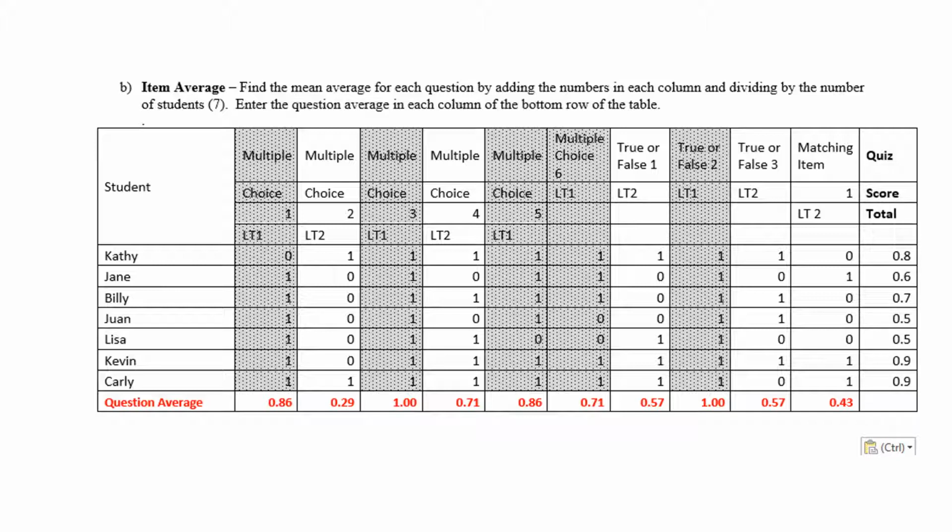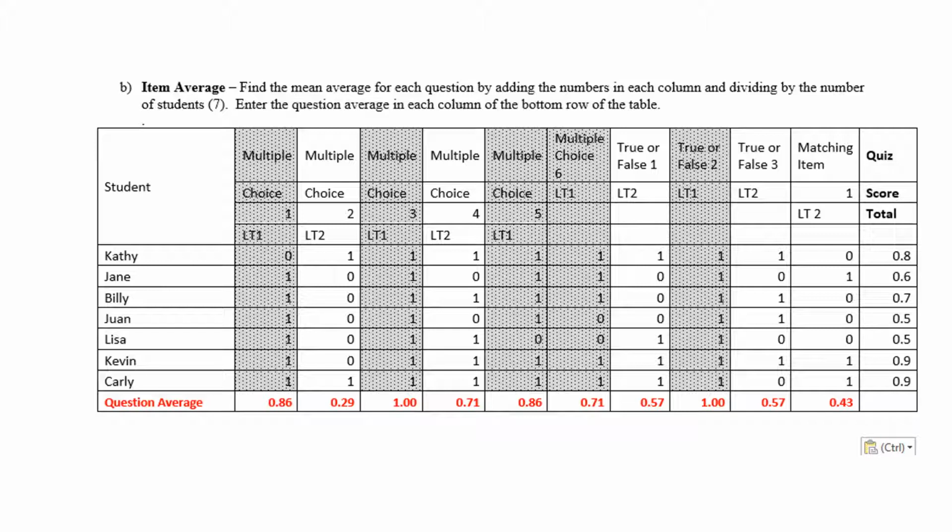So this is an item average for multiple choice 1. So again, because this is based on 0 and 1, you can think of this as like 86%. So the overall class average, in a way, on item 1 was 86%.